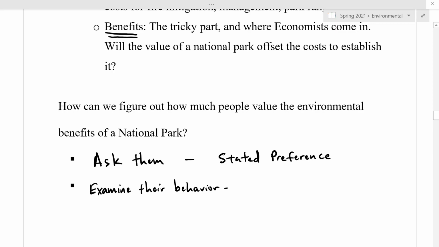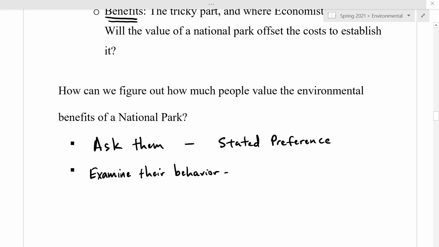And even though something like a national park or clean air or water quality is not measured in the market, we still do things, we still interact within market activities that are related to national parks. So we travel to national parks. That requires spending money. Or maybe we really love national parks, so we go live next to one. That requires spending money on a house.